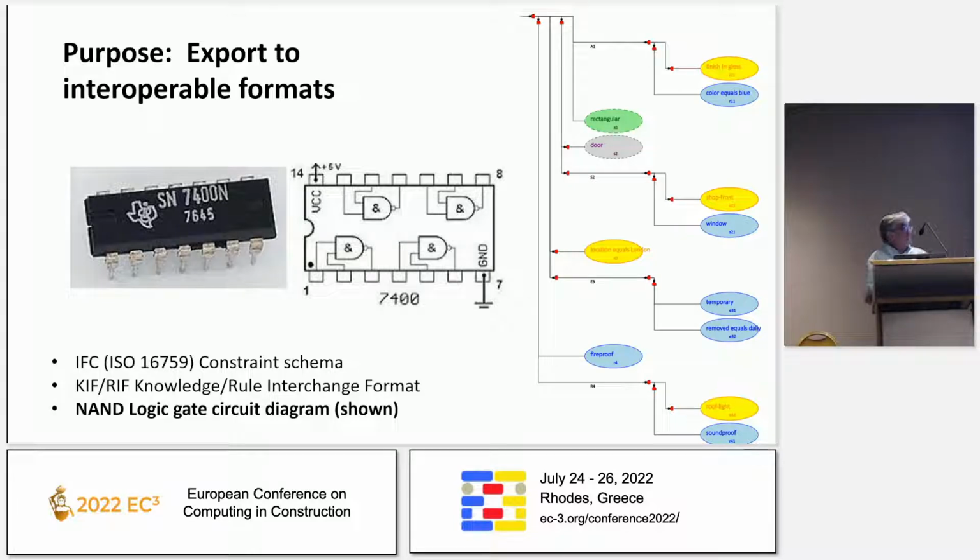What you can see on the right is a circuit diagram using logic gates, as on this chip, to take inputs on the right-hand side and get a logical conclusion on the left, using only a NAND gate. And the chip, you can see, has got 4 of them, so you wouldn't need too many to actually capture that rule. And so circuit is a valid interoperable format.